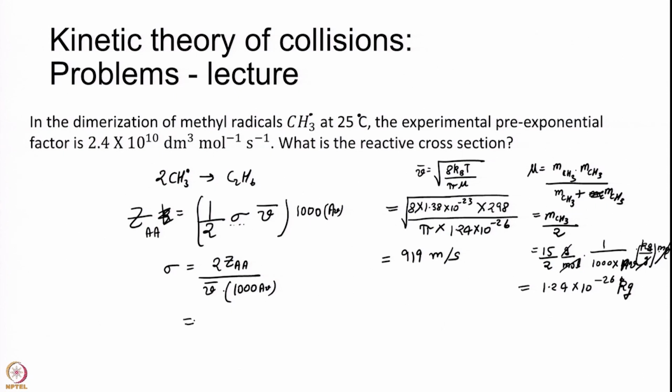So, I have all the factors here. Z is 2.4, nu I have calculated 919, this thing was in liter, mole inverse, second inverse, 1000 liters in meter cube into Avogadro number.